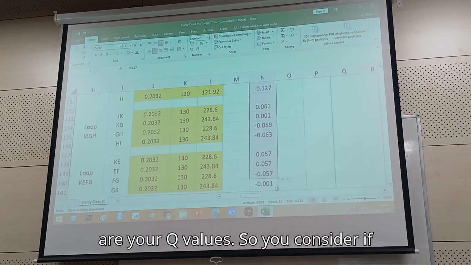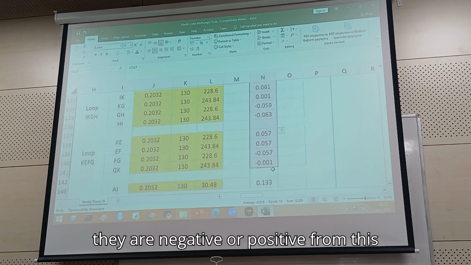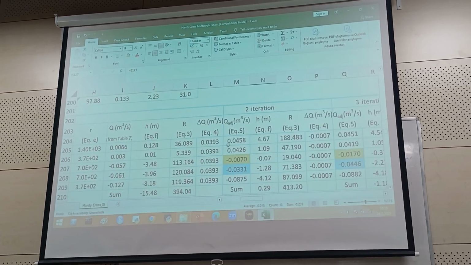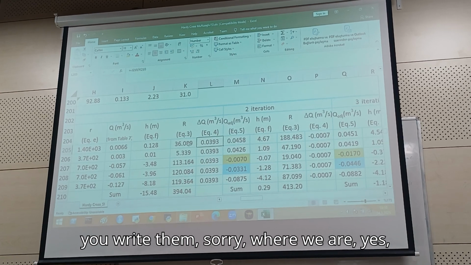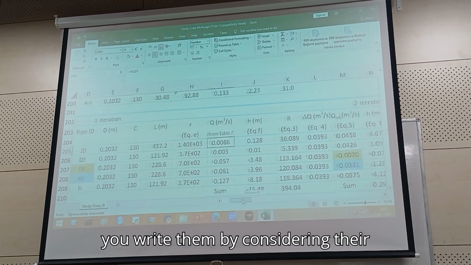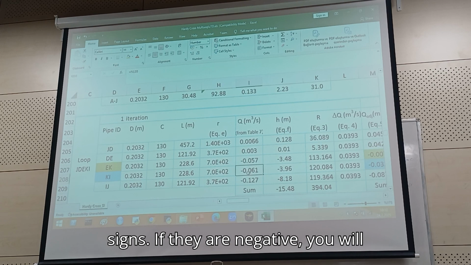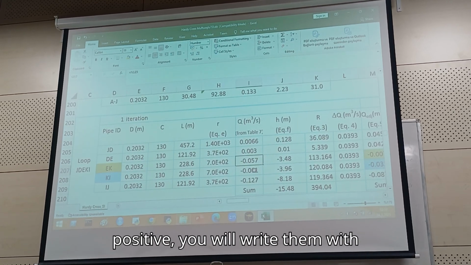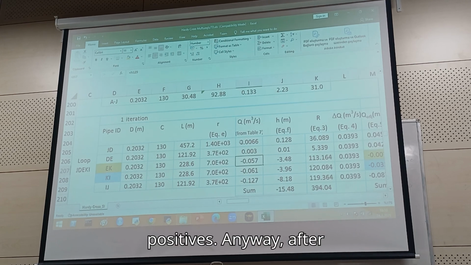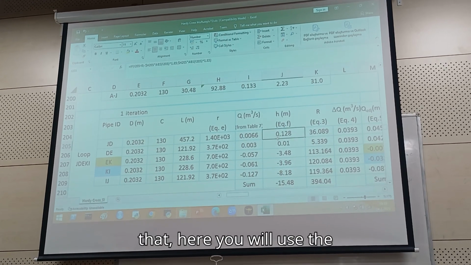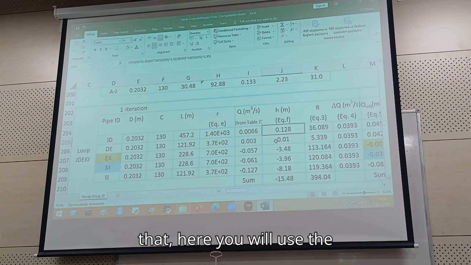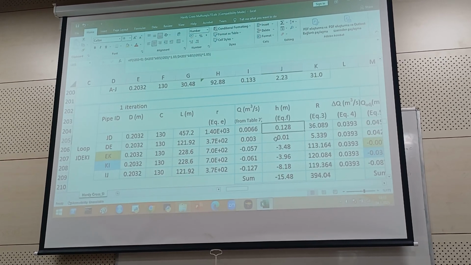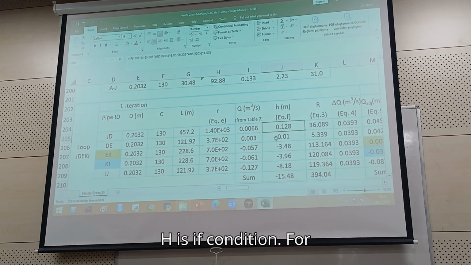So you consider if they are negative or positive from this table, and in this table you write them by considering their signs. If they are negative, you will write them with negatives. If they are positive, you will write them with positives. Anyway, after that, here you will use the if condition.